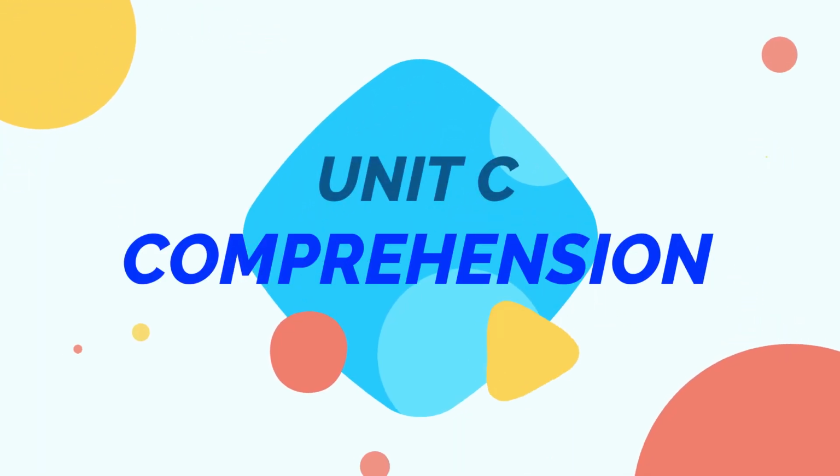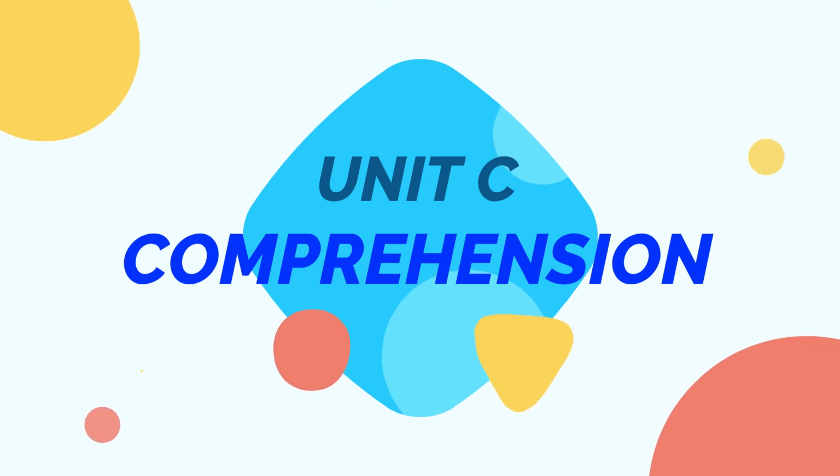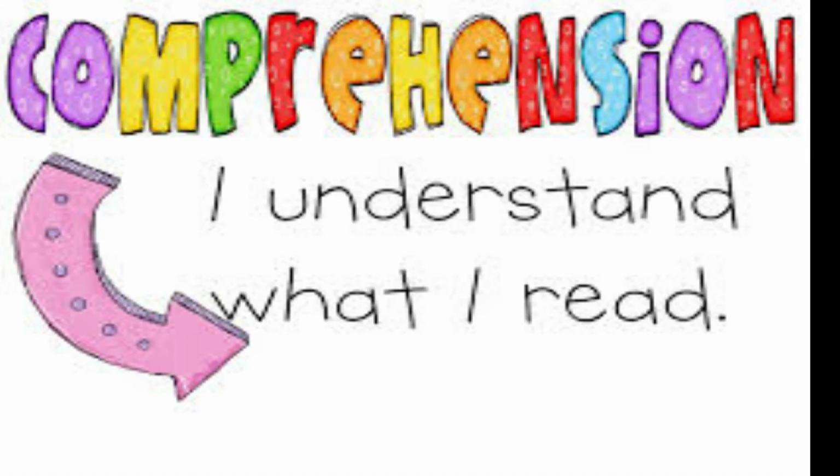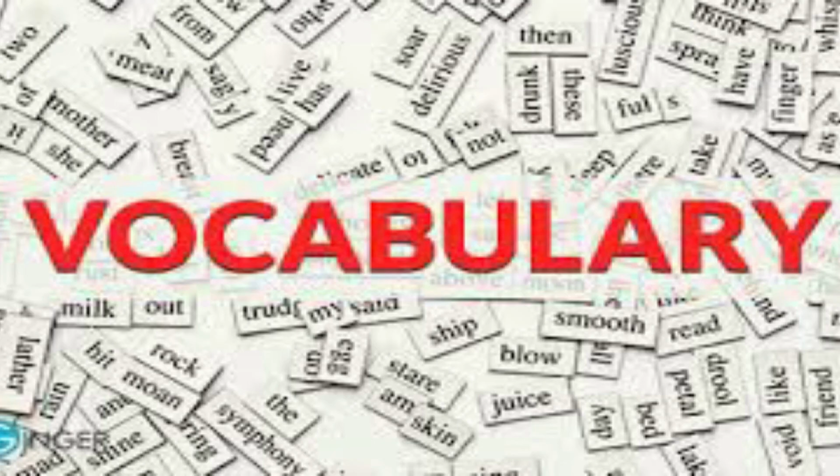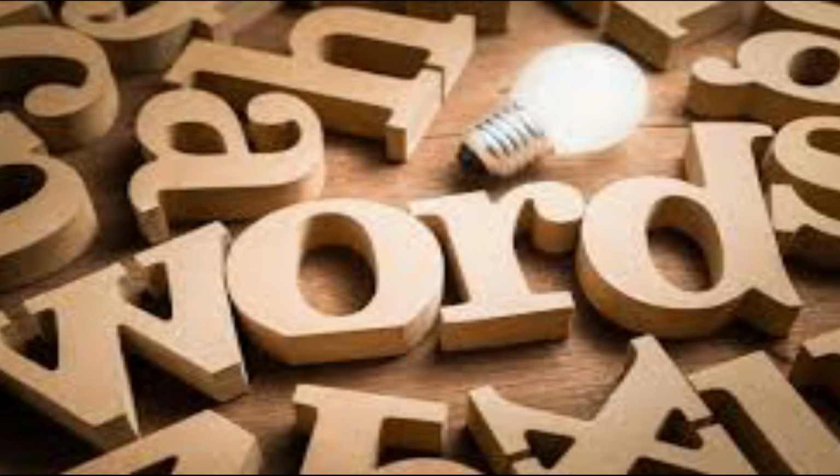Unit C, Comprehension, deals with the reading skills. The reading of the text prescribed in this unit will not only improve your understanding of this language, rather it would give you a good opportunity to increase your word bank, that is to empower your word power and vocabulary.